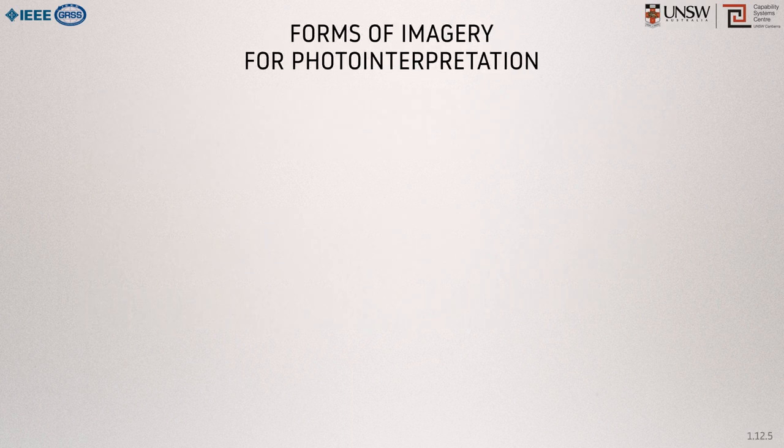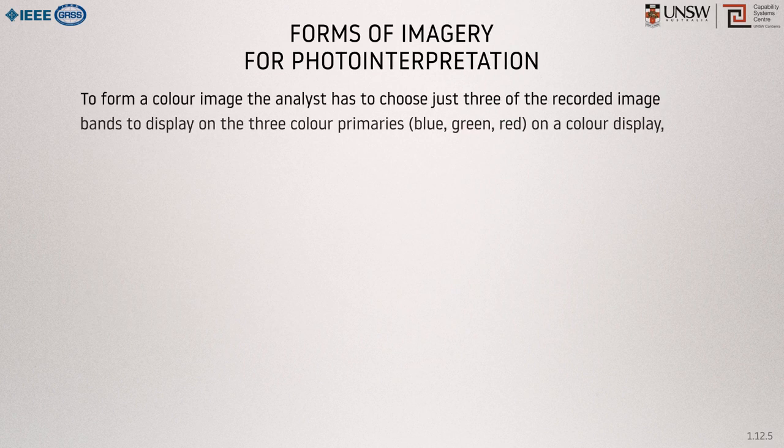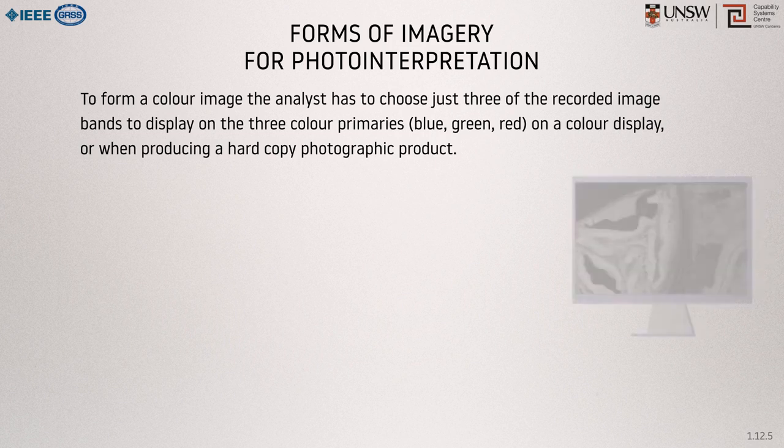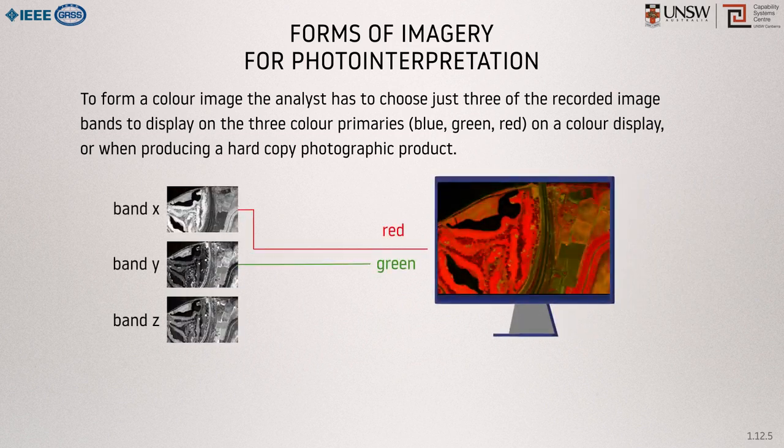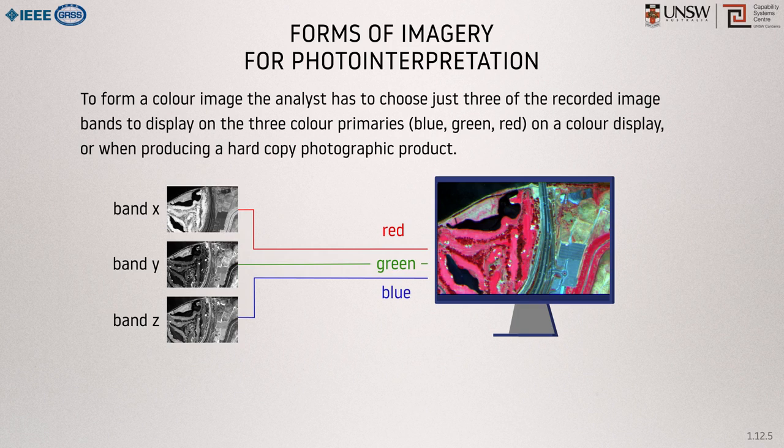Because an analyst relies on understanding brightness and colour, it is important that we know how colour image products are formed if we want to appreciate the nature of the products with which a photo interpreter works. As you probably appreciate from your own knowledge of digital photography or colour television, a colour image is made up of 3 black and white images displayed in each of the 3 primary additive colours of blue, green and red.